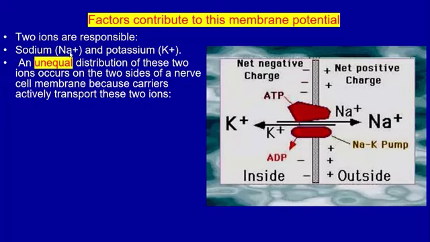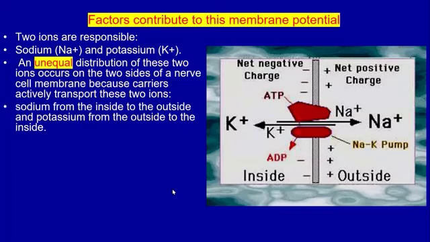So for the resting membrane potential, two ions are responsible. One is sodium and the other is potassium, and they are unequally distributed across the cell membrane. This is the cell membrane, the inside of the cell, and outside of the cell are extracellular and intracellular fluid. So these ions are unequally distributed across this cell membrane.